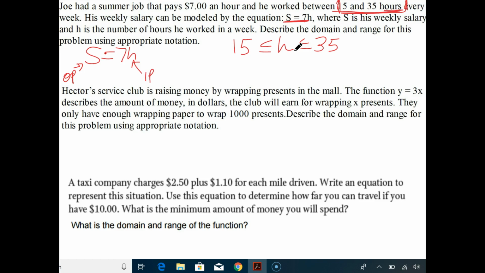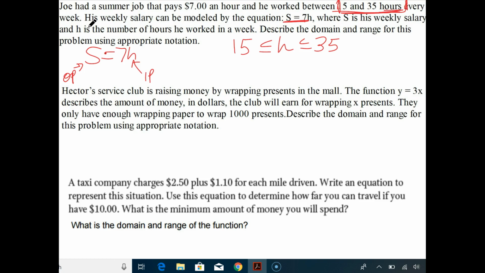Well, input, give me my output. So if he worked 15 hours and he makes $7 an hour, the S represents the salary. So we simply say 7 times 15, which will give us our wonderful salary.